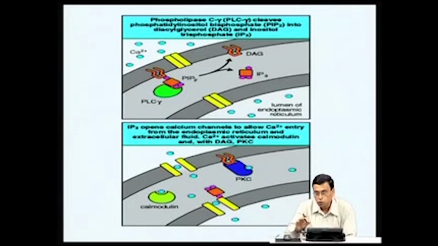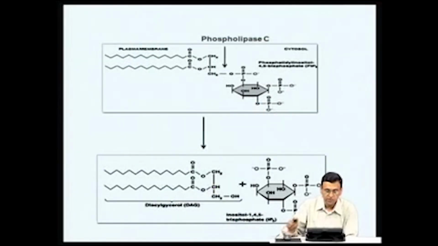So we are not going to talk too much about the activation or repression of metabolic enzymes or ion channels by these second messenger molecules, although they are very, very important from the biology and medical point of view. So this is the structure of phosphatidylinositol 4,5 bisphosphate, and when this PIP2 is cleaved by phospholipase C, it results in the generation of inositol triphosphate and diacylglycerol as is shown here, which are the two signaling molecules, and how they are going to act is what we are going to discuss today.